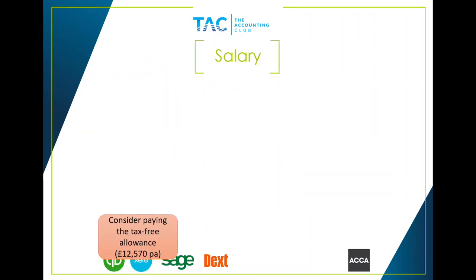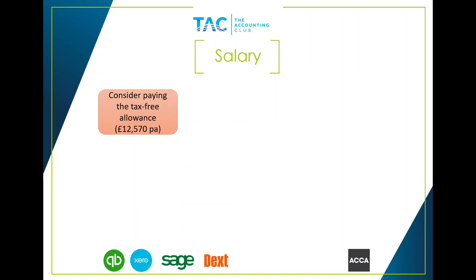So let's look at salary. You pay yourself a salary from the business. A salary is taxable, but as a director of a limited company, you want to consider paying yourself a minimum salary, which is tax-free, and the tax-free salary is 12,570.